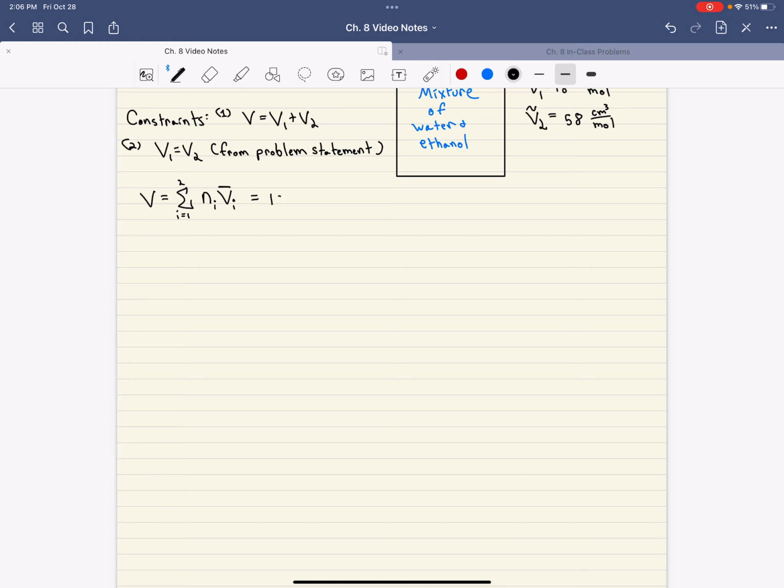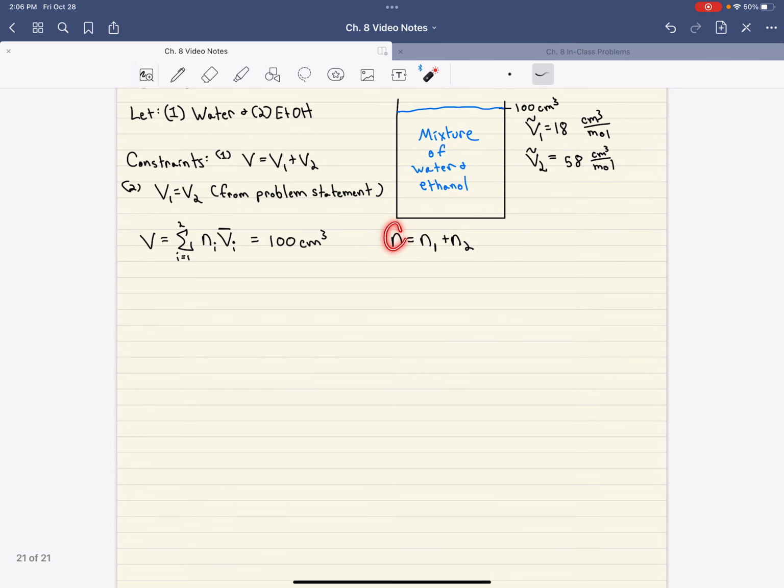Right? So that sum has to equal 100 centimeters cubed. And we know that the total moles in our system are just going to be equal to N1 plus N2. All right? And so in order to get the total moles we need these molar amounts. And we'll also use these molar amounts in our volume calculation as well.